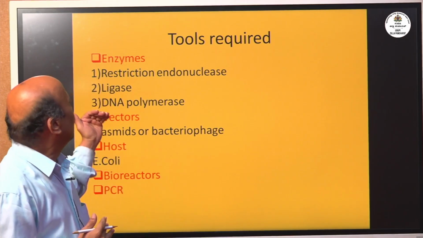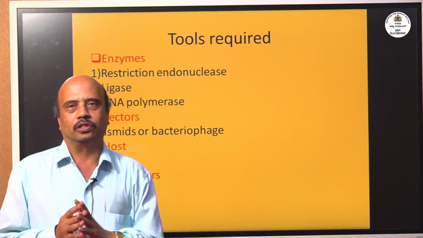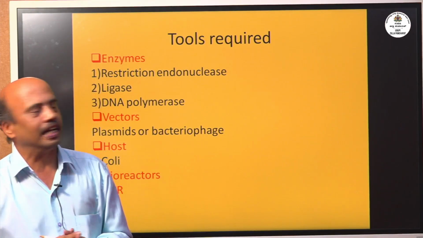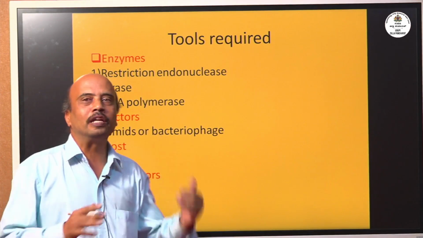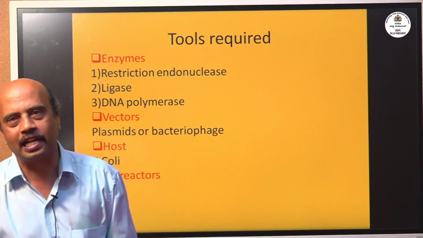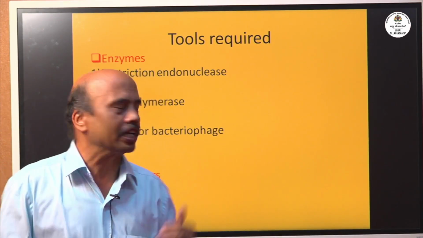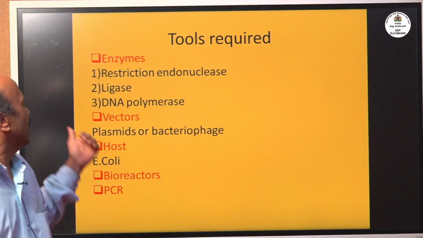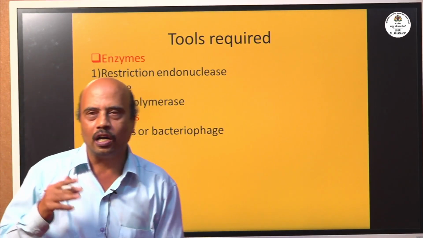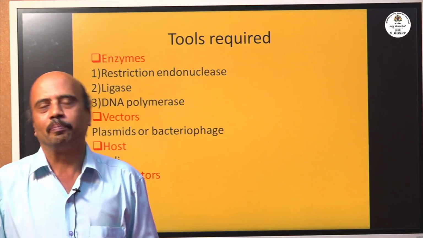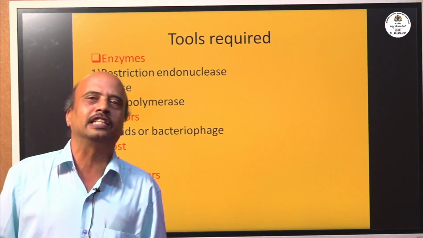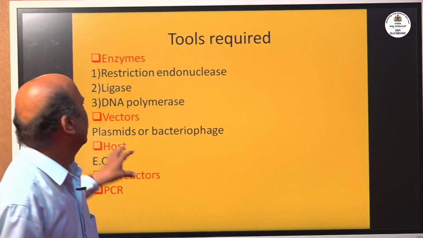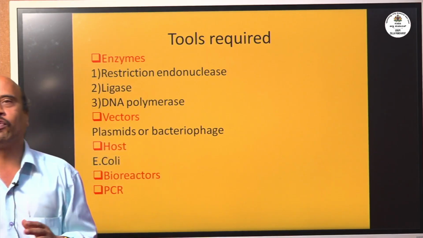Then the enzyme ligase; ligase is used to join any two cut ends of DNA, and then DNA polymerase for cloning the desired gene that is required. So restriction endonuclease, DNA ligase, and DNA polymerase are the three enzymes. Besides these three enzymes, there are other enzymes also, but these three enzymes are very, very important. Then vectors are required.